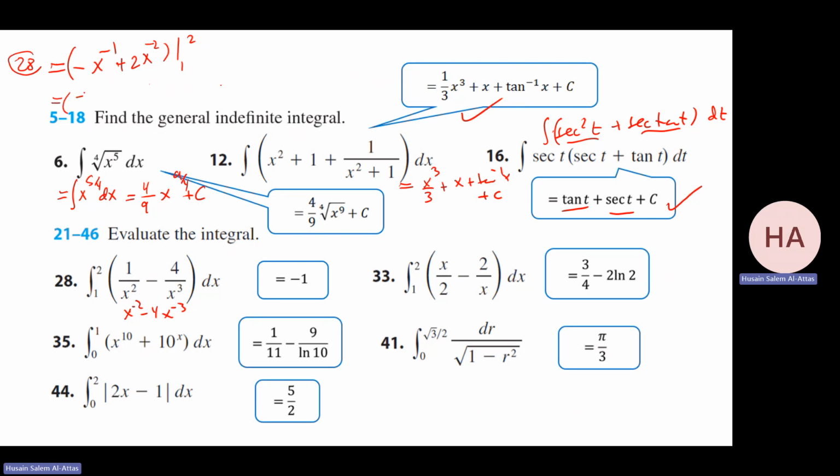Substitute, you will have minus half plus half minus 1 plus 2. So this is 0, that gives me minus 1, which is this one.